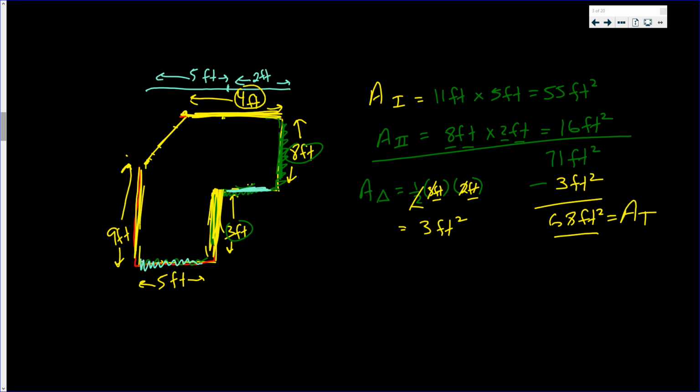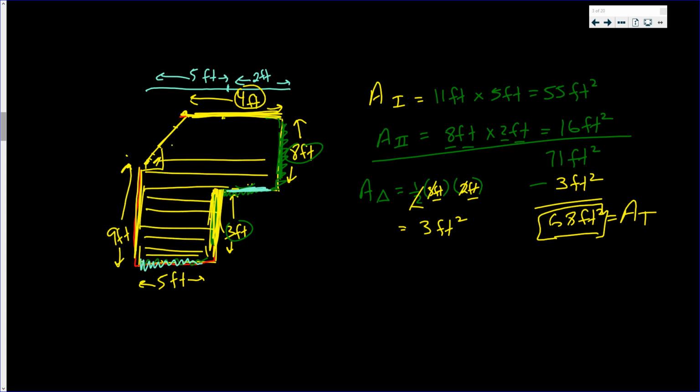And if you cut it nicely, and you're not worried about cutting little pieces to make squares, well, actually, you're going to have to cut the squares so they fit like that. But if you don't mind doing that, you would need exactly 68 square feet.